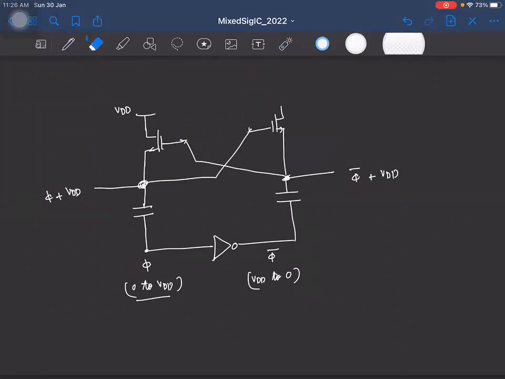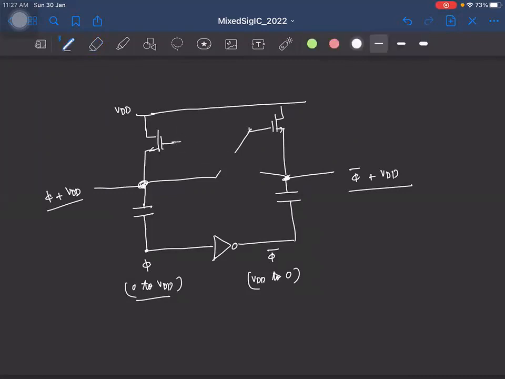So this will generate the clock phi plus VDD and phi bar plus VDD, which will swing from VDD to 2 VDD. Okay. So let me draw it more cleanly. So this is connected here and this is connected here. Okay, and this circuit is called Nakagome charge pump.